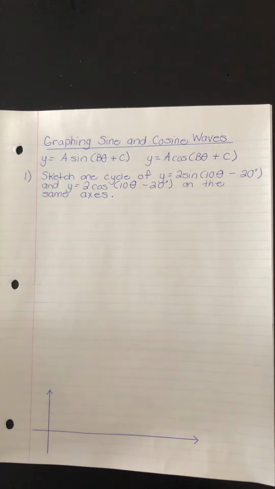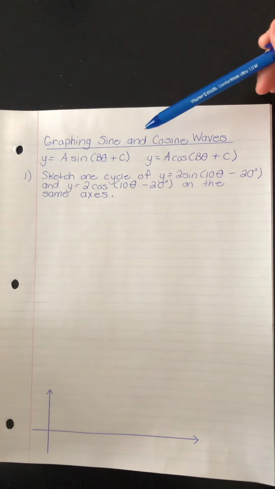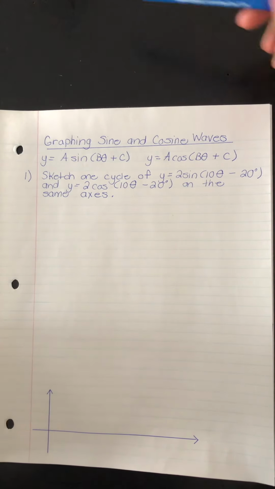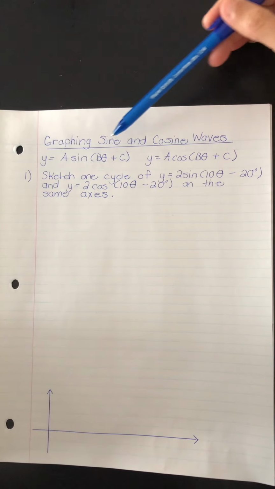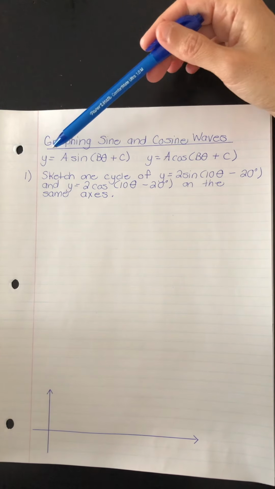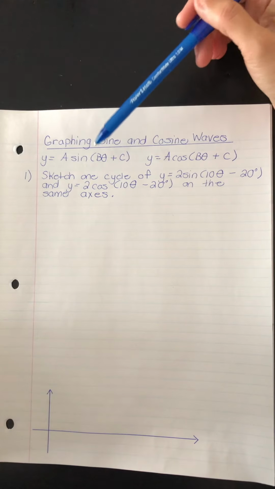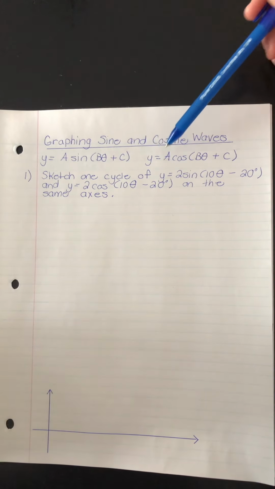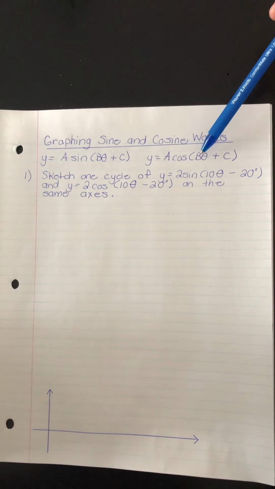In the video today, we are going to look at graphing both the sine wave and the cosine wave. We're going to be referring to these general equations, y equals a times the sine of b theta plus c, and y equals a times the cosine of b theta plus c.